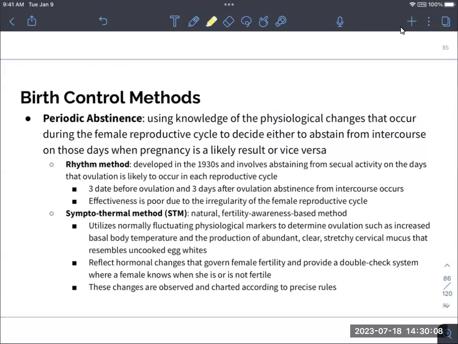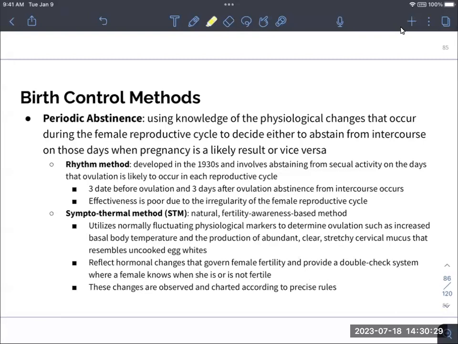Abstinence, or periodic abstinence. So monitoring a female reproductive cycle and seeing all these different physiological changes that occur, and then abstaining from intercourse on the days when ovulation occurs, when pregnancy is most likely.